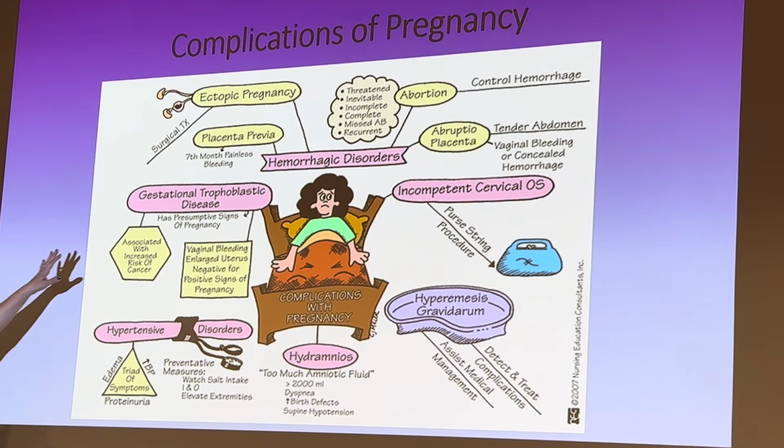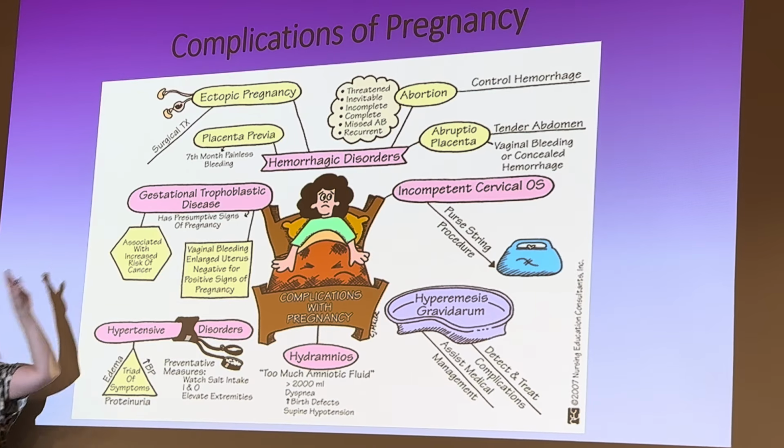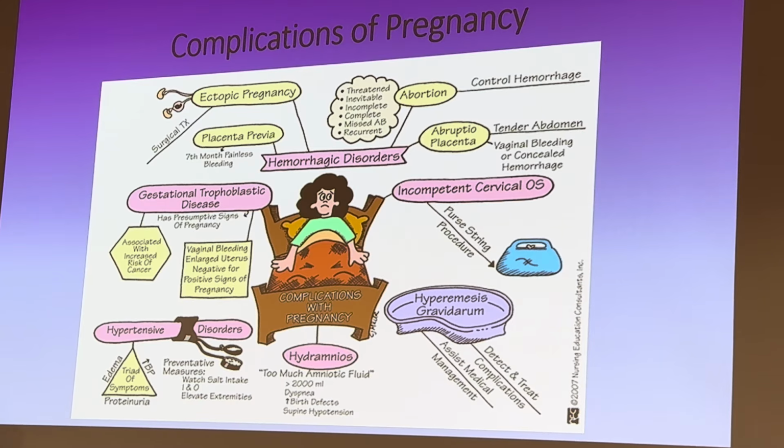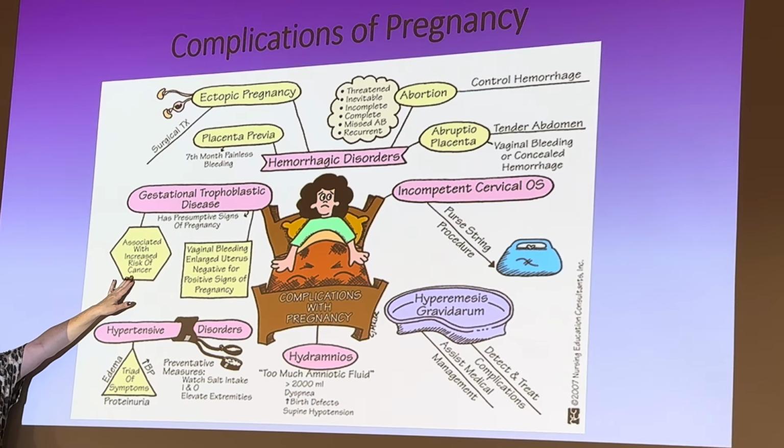The fancy words are gestational trophoblastic disease. It's not a real pregnancy. When you take a pregnancy test, it will be positive because it's producing the HCG hormone, but what it is is this big grape-like cluster of cells that's forming in the uterus, and it's just this abnormal cellular development that's just continuing to reproduce, and so the patient will gain weight, they will look pregnant, they will have a positive pregnancy test, but it actually is associated with a form of cancer called choriocarcinoma.